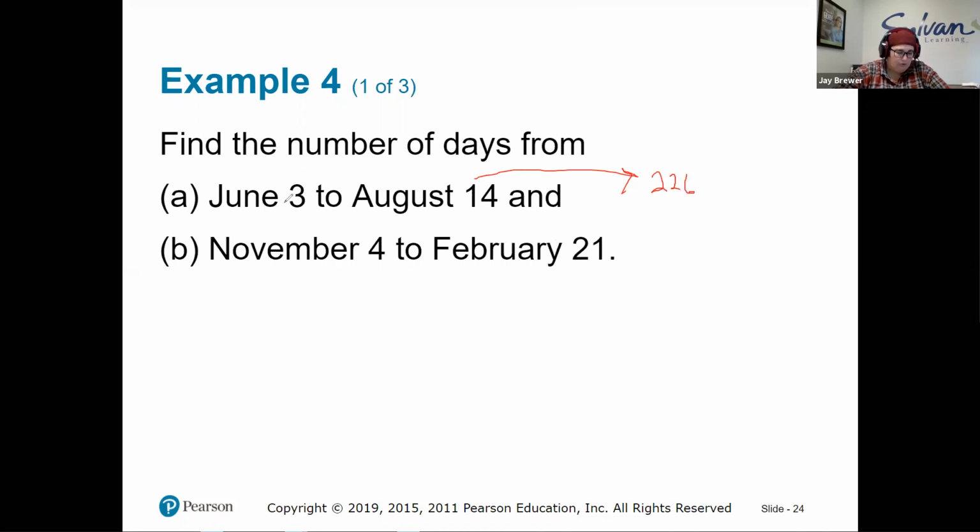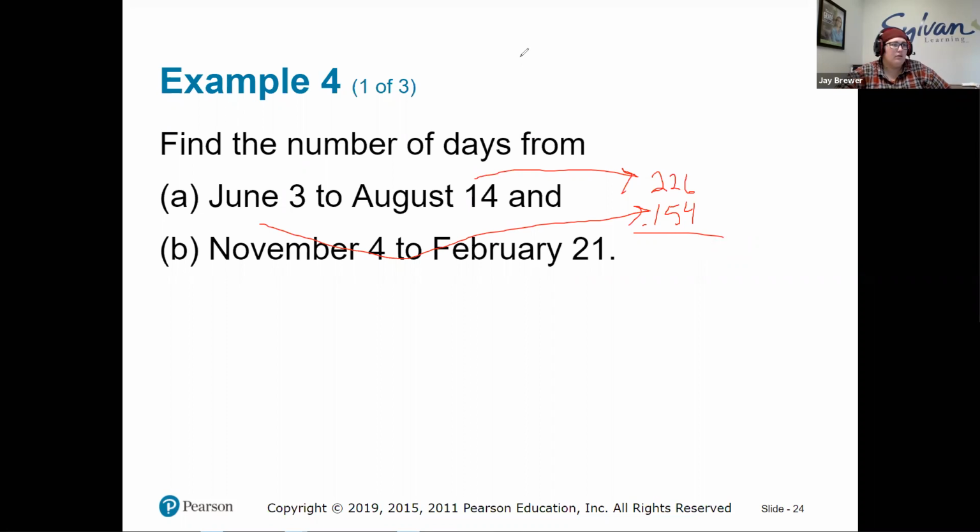And then June 3rd, we have to go up to the 3 and we go over to June and it's day 154 of the year. And then you would just subtract those. So you would end up with 226 minus 154. So 72 days in between them.